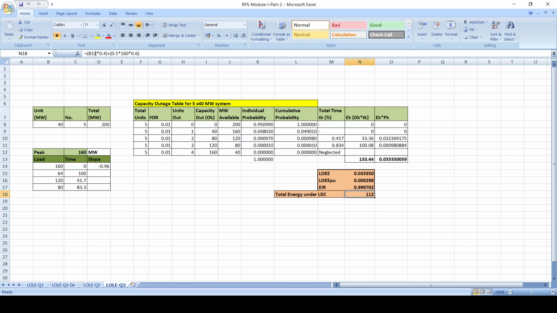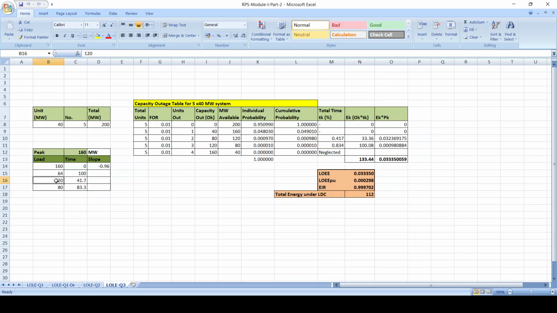This is equal to B14 into 0.4, 160 into 0.4, plus 0.5, half into 160 into 0.6 into 1. The 1 is not multiplied because there is 100% in the abscissa. Okay. Now how is this 0.417? So 0.417 is obtained from here, from the load duration curve.